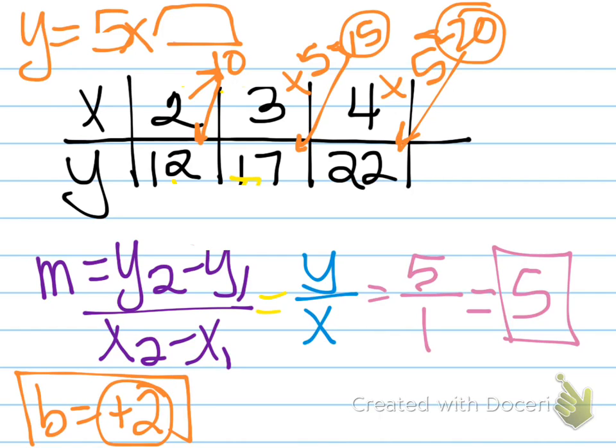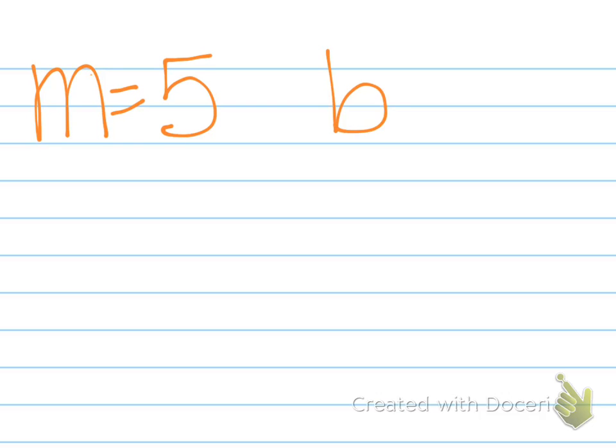So if our y-intercept is plus 2, let's talk about how that's going to change our equation, how I can plug that in. Let's get a brand new page. I know my slope is 5. We know our y-intercept is 2.